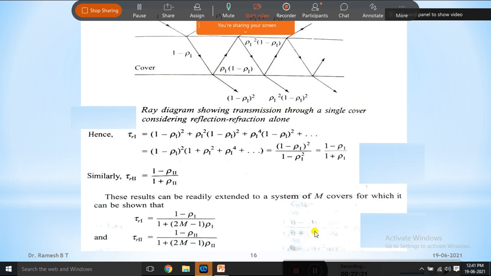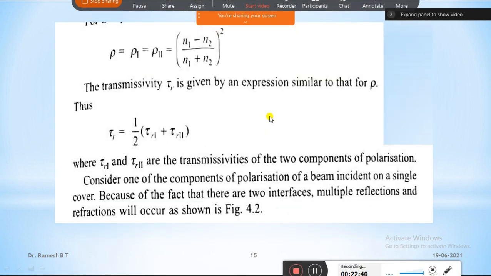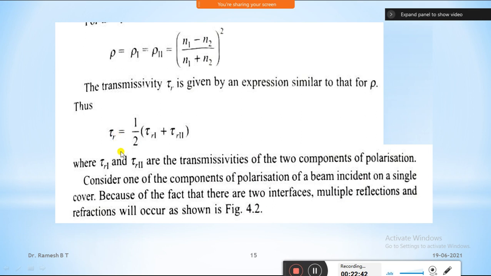So this is the transmittivity based on the reflection as well as refraction. Once we get tau r1 and tau r2, we substitute them here and we get the tau r value.